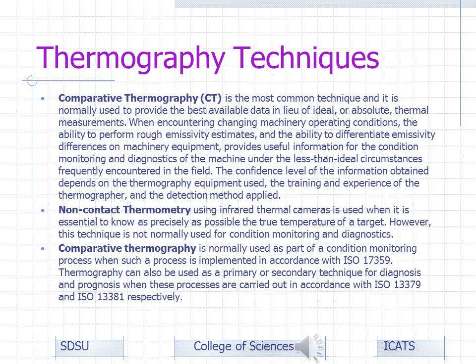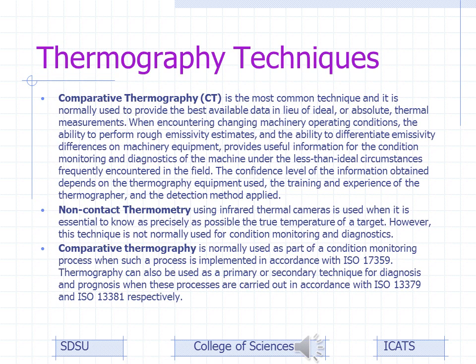When encountering changing machinery operating conditions, the ability to perform rough emissivity estimates, the ability to differentiate emissivity differences on machinery equipment provides useful information for the condition monitoring and diagnostics of the machine under less than ideal circumstances frequently encountered in the field. In other words, operating conditions, right? So the confidence level of the information obtained depends on the thermography equipment used, the training and experience of the thermographer, and the detection method applied.